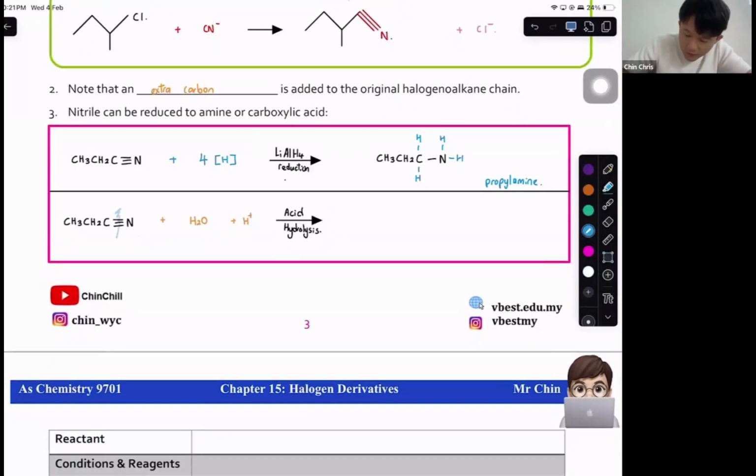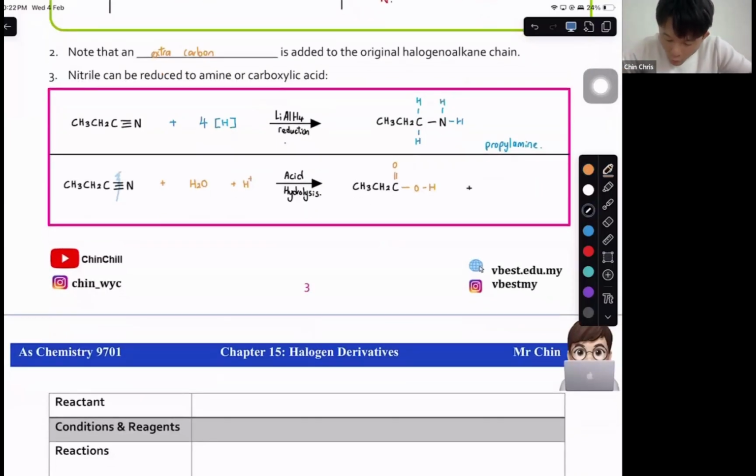The front part is gonna turn into a carboxylic acid, C double bond O and an OH. And the nitrogen is gonna combine with H and turn into ammonium. That's it. Done.